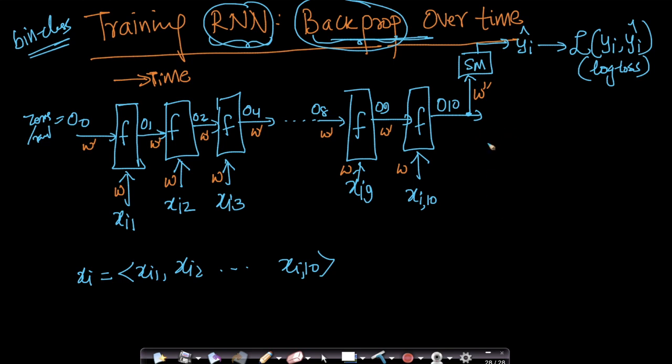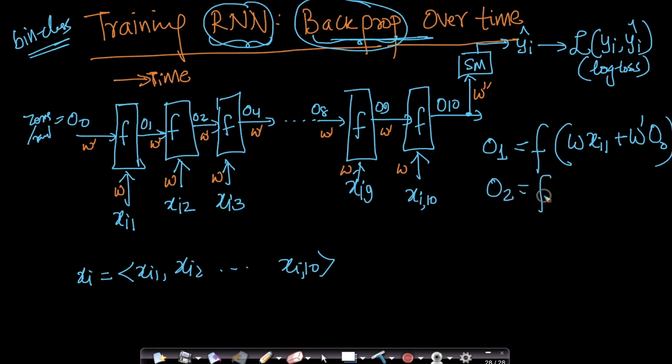Now just to be clear, my O1 is f of w into xi1 plus w dash into O0. Similarly my O2 is f of w into xi2 plus w dash into O1, so on and so forth.